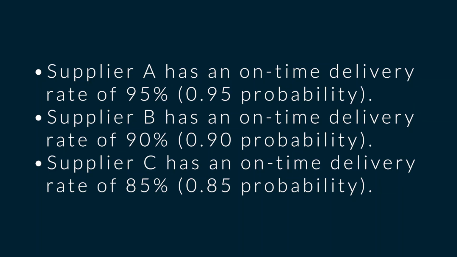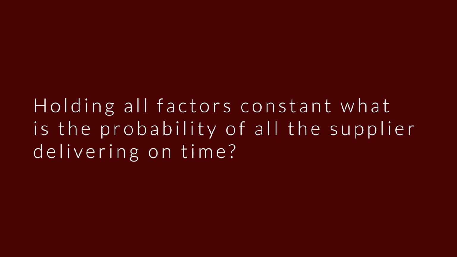Supplier A has an on-time delivery rate of 95%, that is 0.95 probability. Supplier B has an on-time delivery rate of 90%, and in the case of supplier C, it's 85%, that is 0.85 probability.